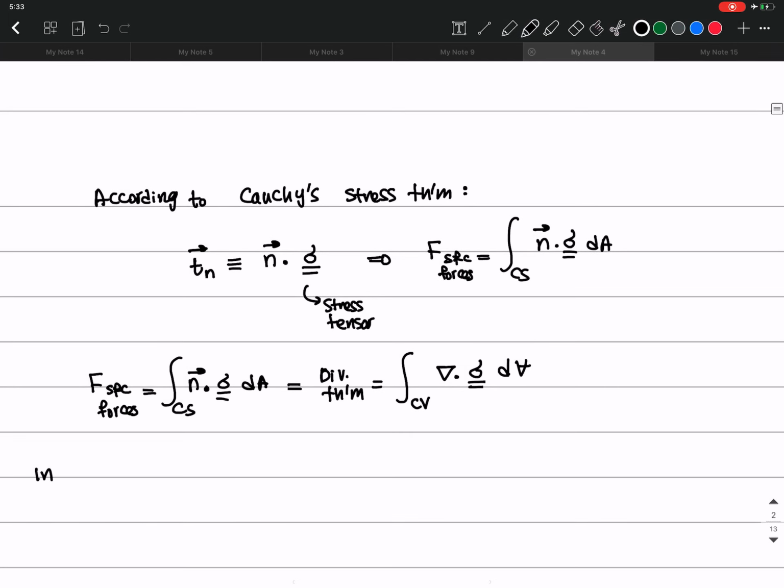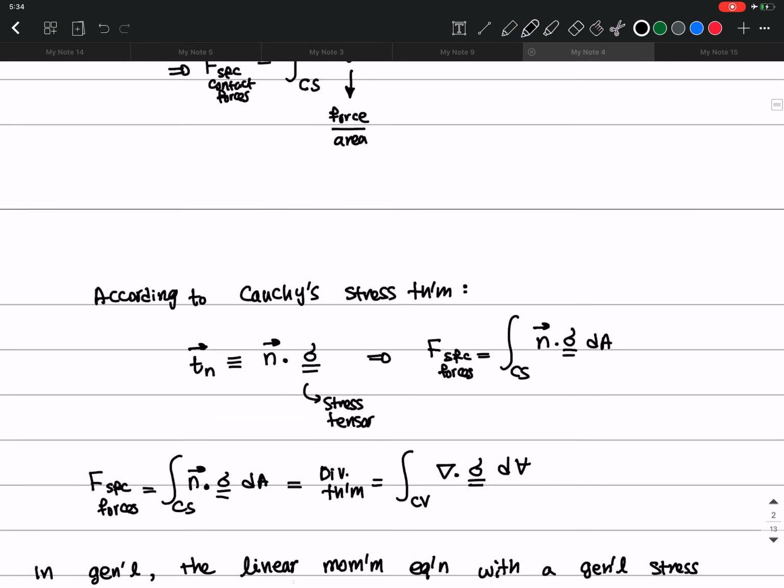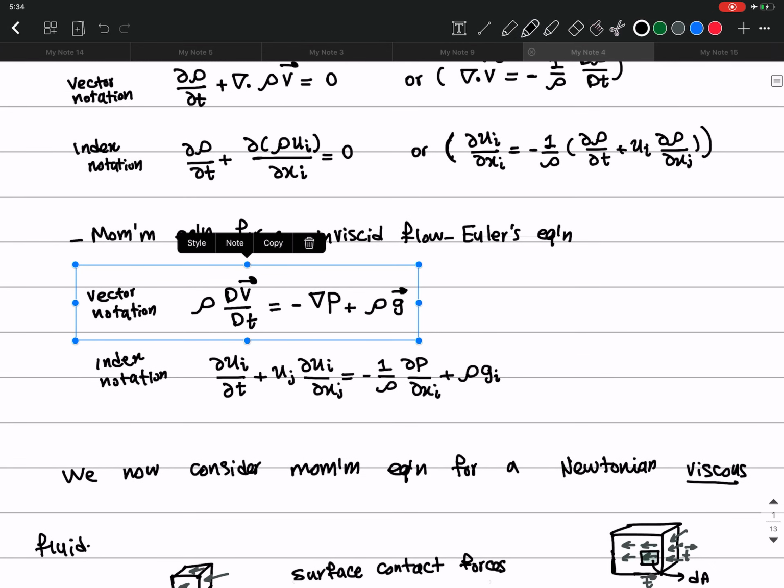So in general, the linear momentum equation with a general stress tensor can be written as follows.